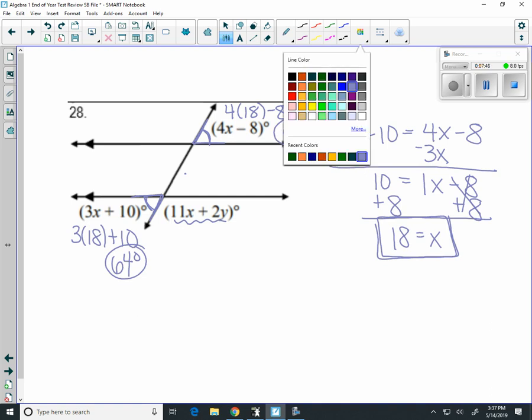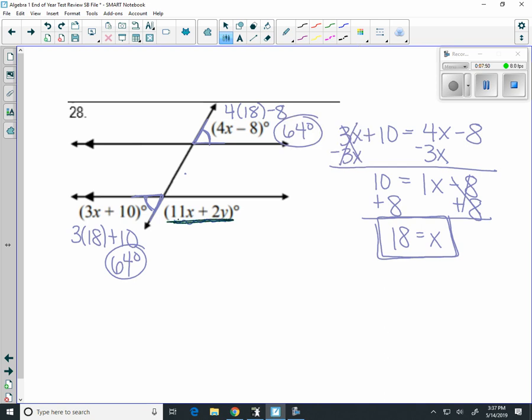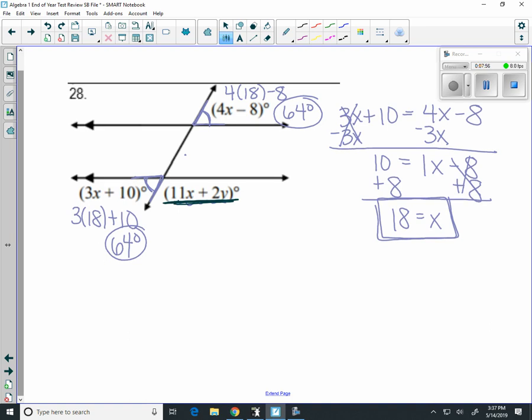Now we have to worry about this y situation here, because our directions were solve for x, solve for y, and get those angle values. So here, what I know is that 64 plus this mess are going to make a straight line there. So those 2 are going to add to 180.